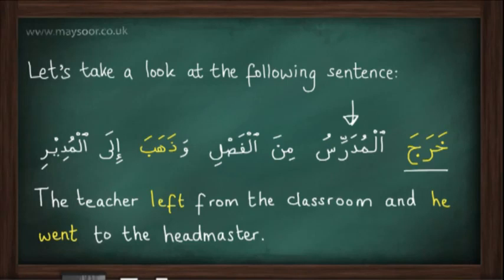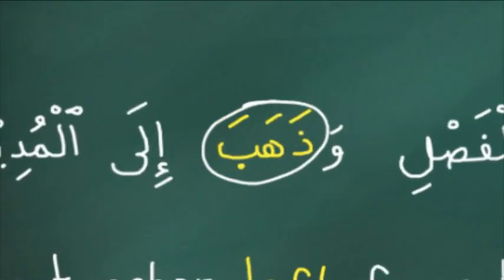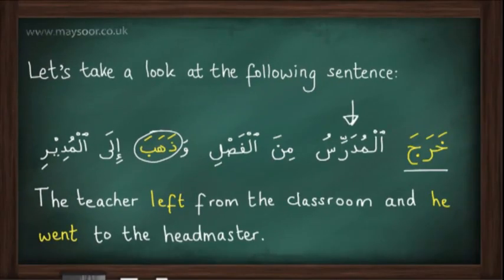Now when we look at the second part of the sentence, وَذَهَبَ إِلَى الْمُدِيرِ, the verb ذَهَبَ means he went. The pronoun he, as we've previously mentioned, is hidden inside the verb. In this example, the action that was done was carried out by the teacher, who has already been mentioned.